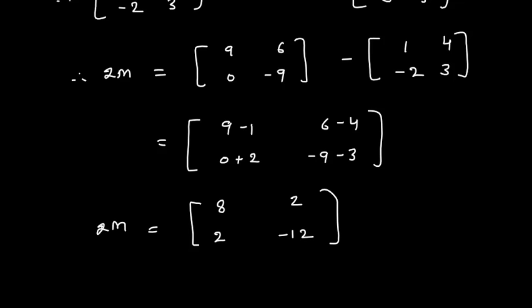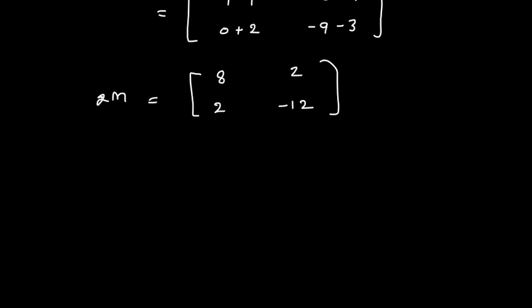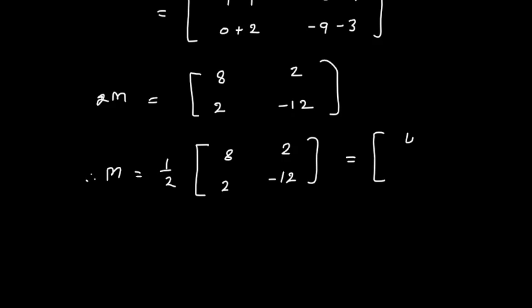This is the value of 2m. Okay, so therefore m is equal to 1 upon 2 times [8 2; 2 -12]. So we divide by 2 and we will get the answer as 2 4s are 8, 2 1s are 2, 2 1s are 2, and 2 6s are 12. So m is equal to [4 1; 1 -6]. This is the value of m.